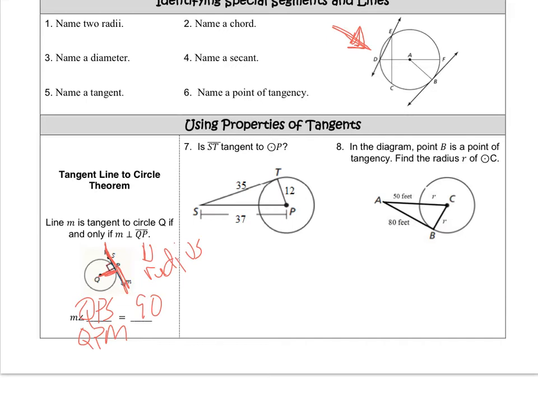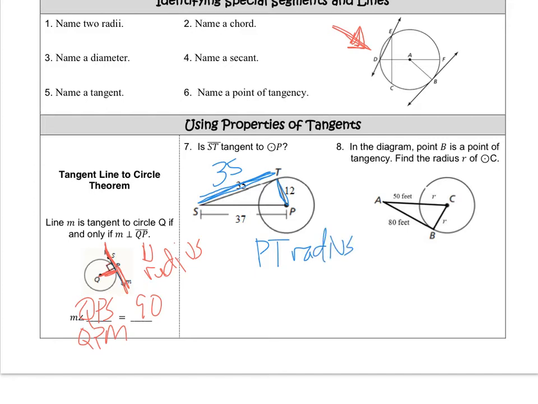It says if ST is tangent to circle P, in other words, if this line right here, ST, is tangent to the circle, then they want us to find something. So what they're asking is, is it tangent? Well, for it to be tangent, isn't PT the radius of the circle? Right? It is a radius.